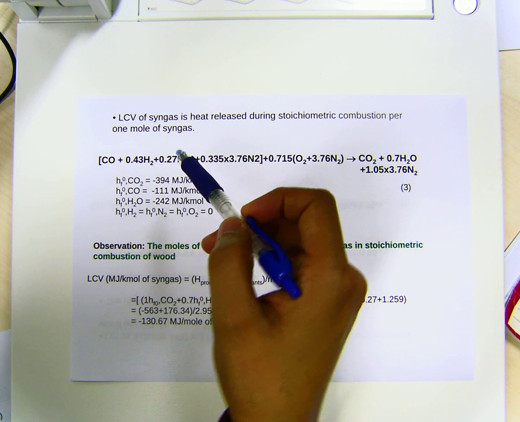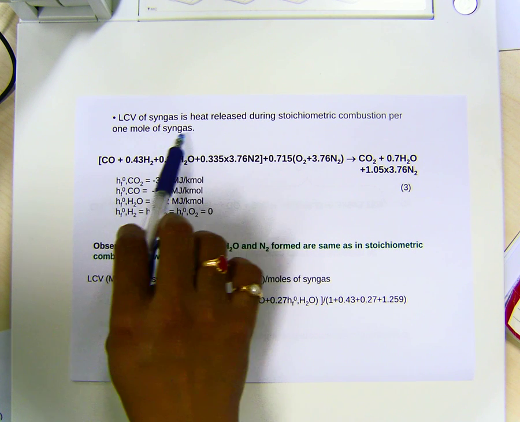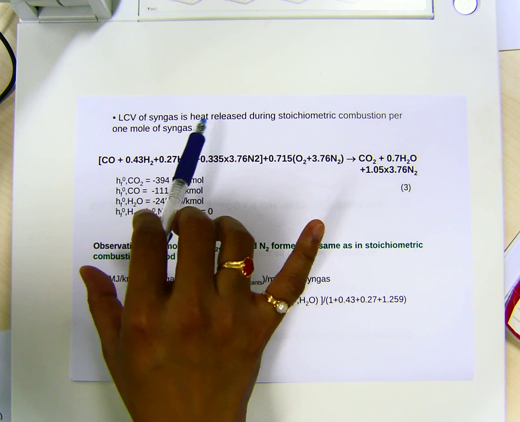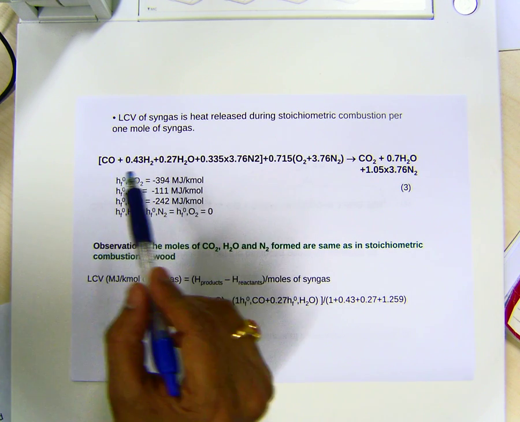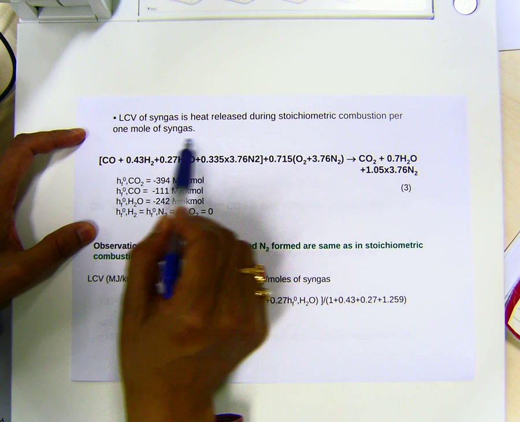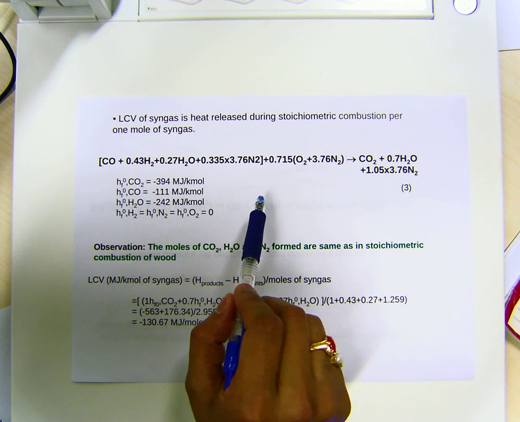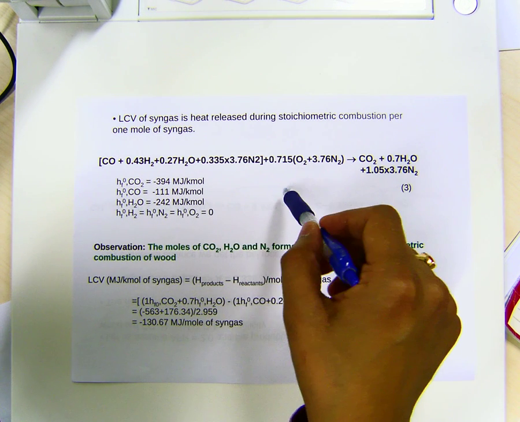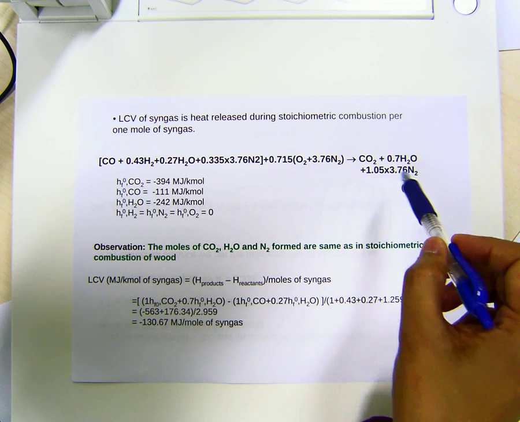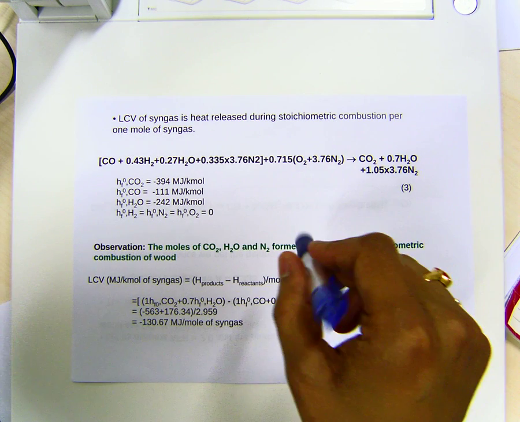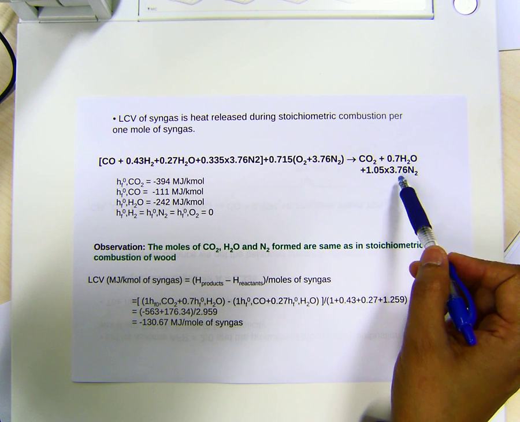The LCV is defined as the heat energy release per 1 mole of syngas, in general per 1 mole of any fuel. So this is the syngas that we got from the earlier reaction by taking air fuel ratio of 2. When we burn that in the presence of air, by stoichiometric combustion we get CO2 and H2O.